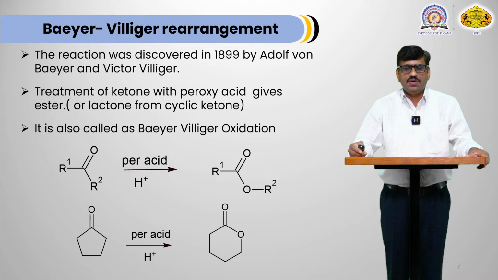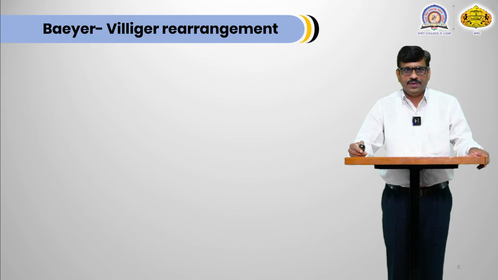In Baeyer-Villiger oxidation or rearrangement, there is oxygen insertion. For example, here a ketone molecule is shown, and when this ketone reacts with a peracid, there is formation of an ester. When a cyclic ketone is there, it undergoes the same reaction and there is formation of a lactone.